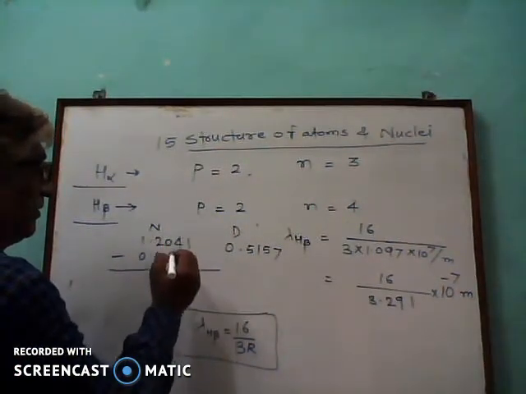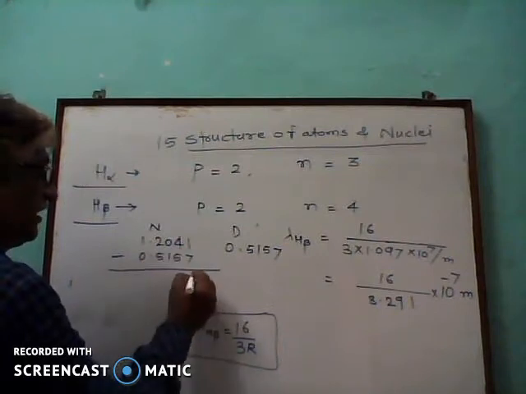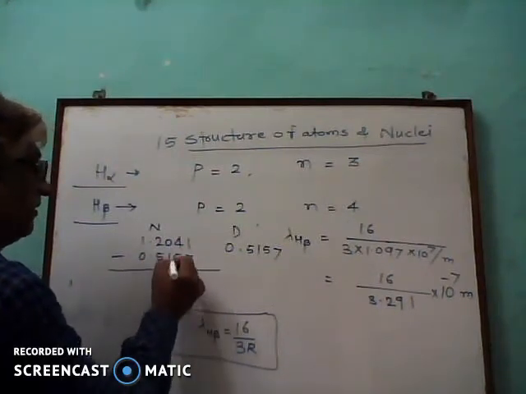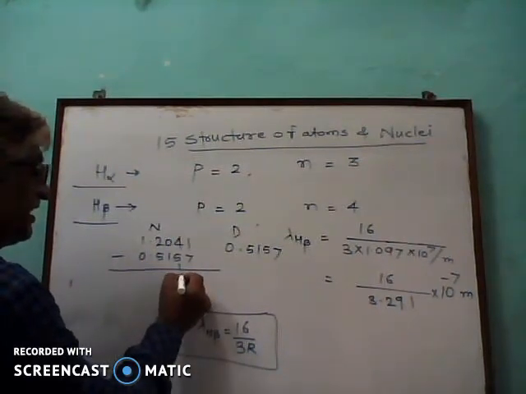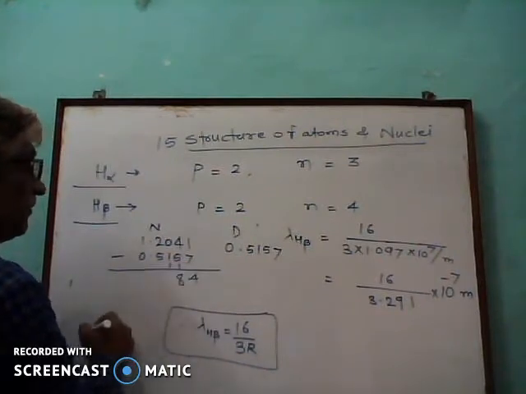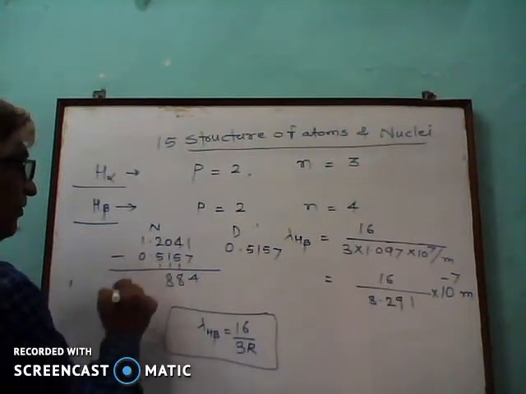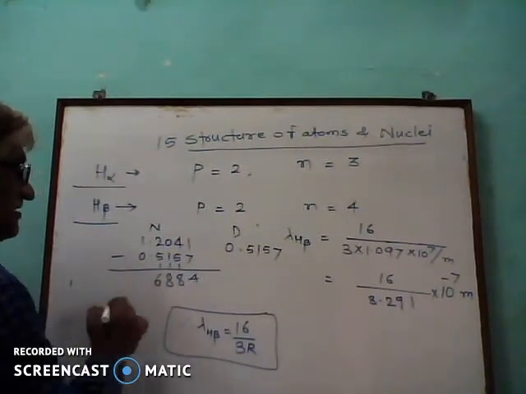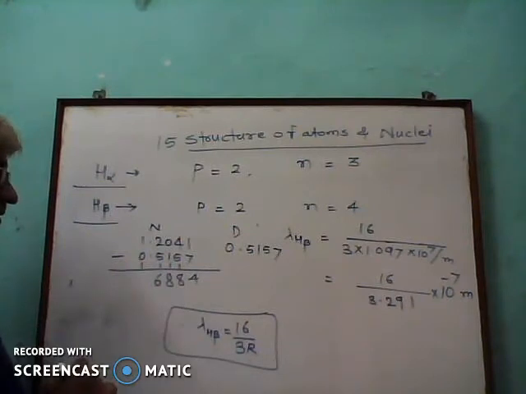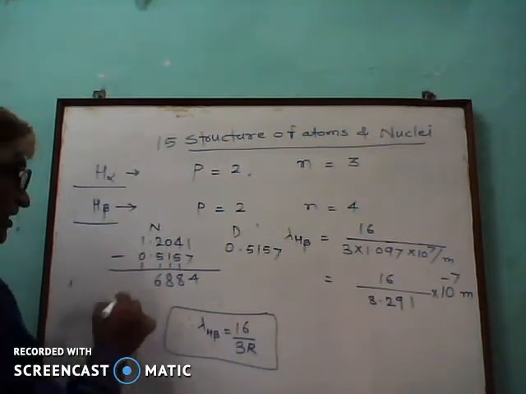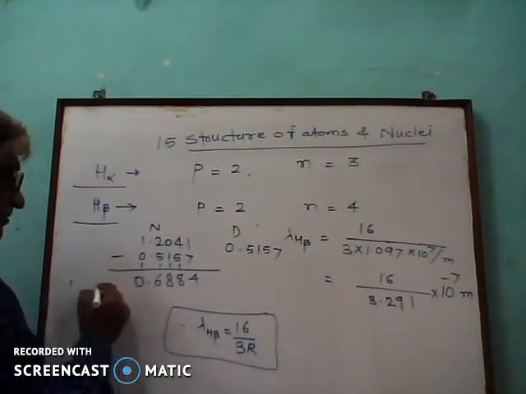So here, 11 minus 7, 4 is remaining. From 14, 6 subtracted, 8 will be remaining. From 10, 2 subtracted, 8 will be remaining. From 12, 6 subtracted, 6 will be there. From 1, 1 is subtracted, so the result will be 0.